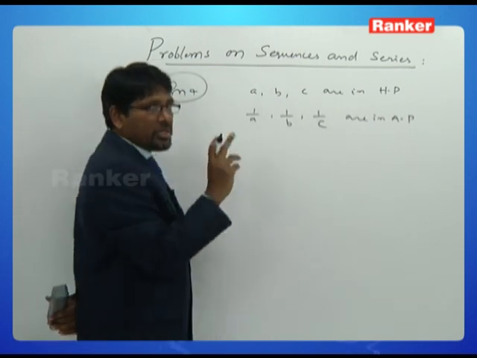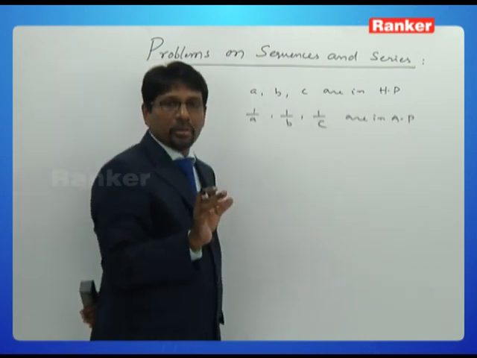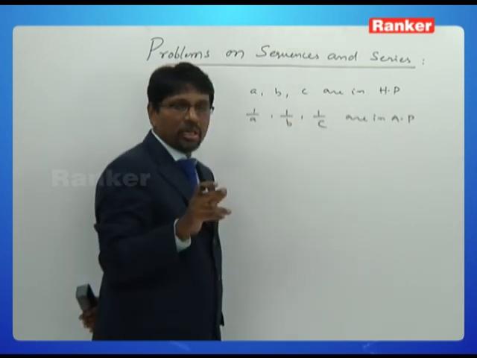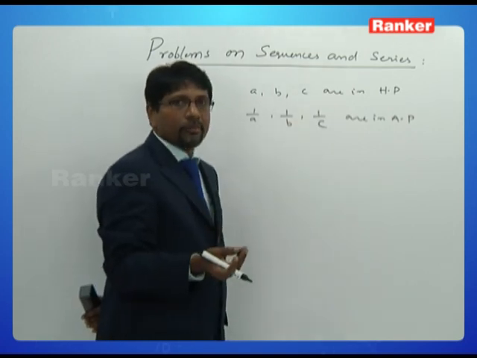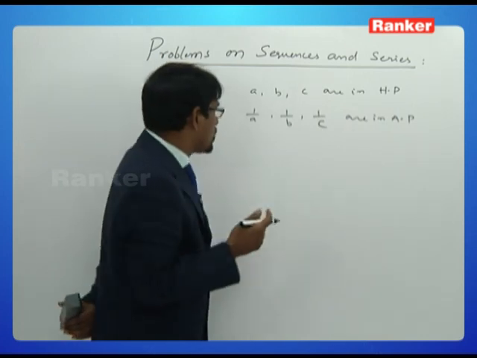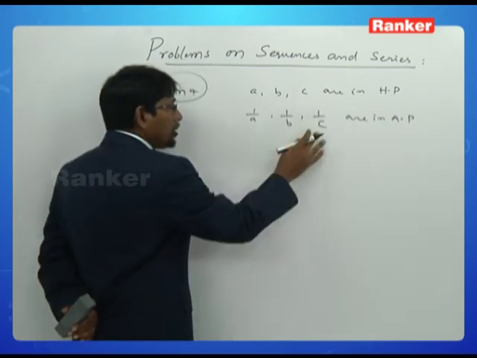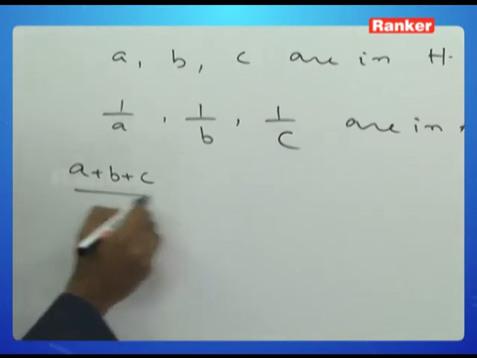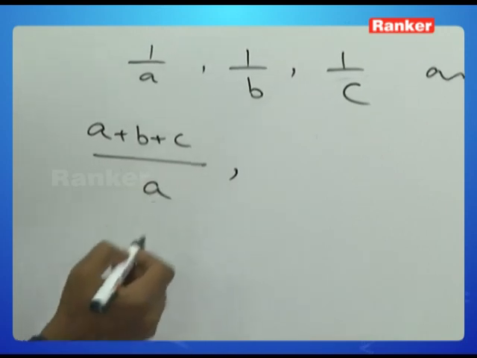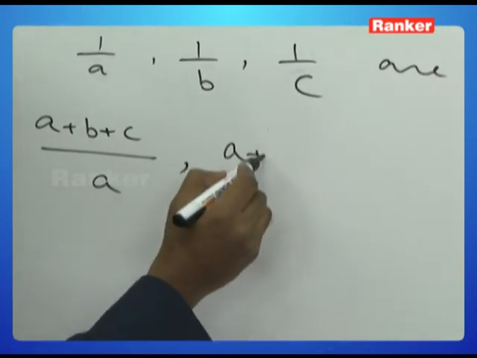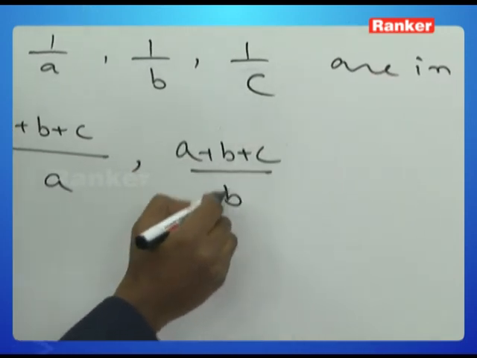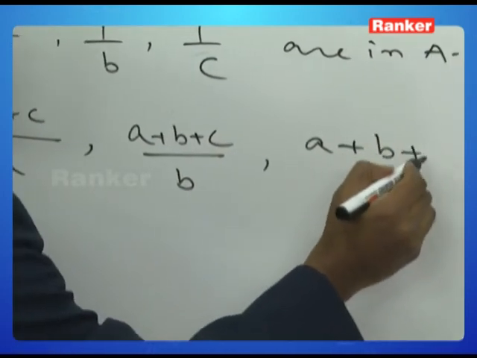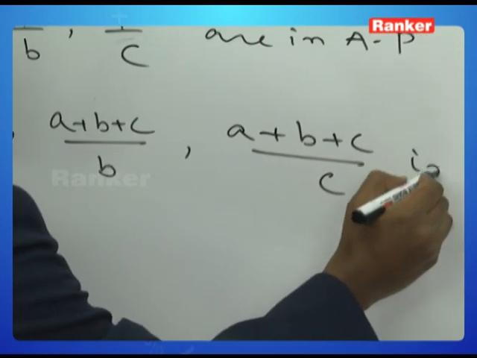Now when you have a sequence which is in AP, if you multiply every term of that sequence by some constant, it still will be in AP. So let's do that. What we do is we'll multiply throughout by A plus B plus C. So that gives me, this is also in AP.